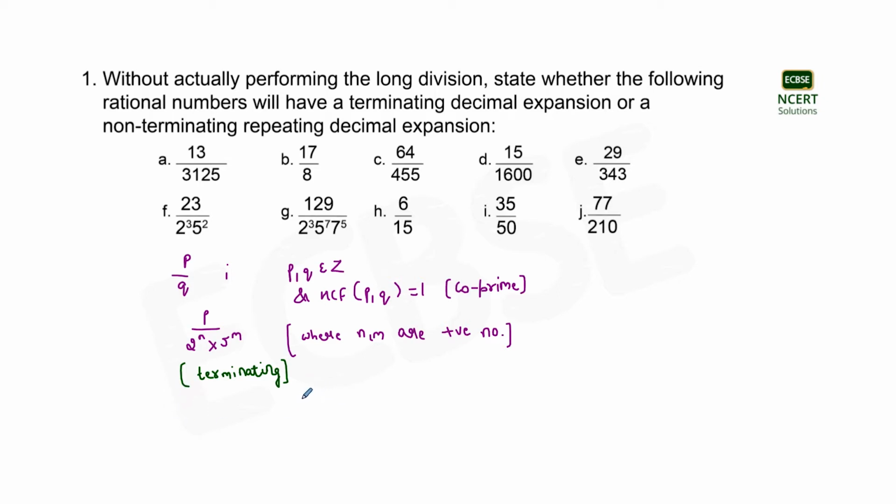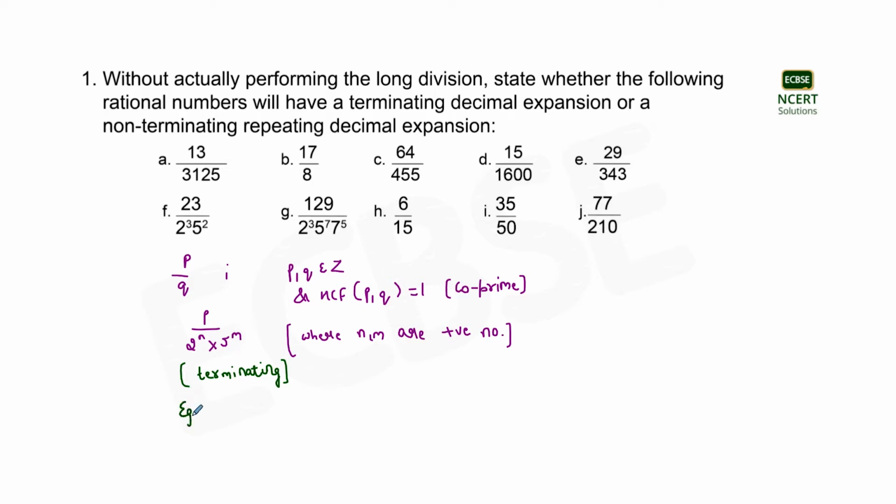And if any of the two factors is not present, it can be represented as 2 raised to power 0, if 2 is not present in the denominator, or 5 raised to power 0, if 5 is not present.